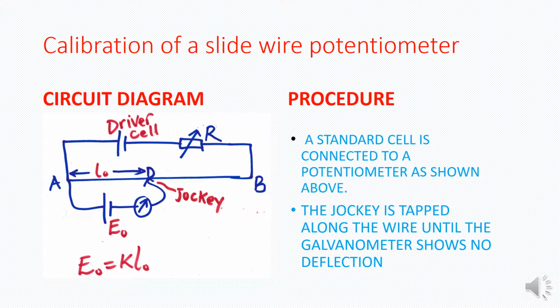Now, this diagram shows we have a galvanometer, a jockey, and a cell all connected to the circuit. So by tapping the jockey along the wire, there will be a point when the galvanometer shows no deflection. That means that there is no current flowing in the lower circuit. So the potential difference from point A to D is equal to the PD of the cell. Therefore, we say that E0 is equal to KL. So from there, we can determine the value of K. So basically, that is how the potentiometer is calibrated.